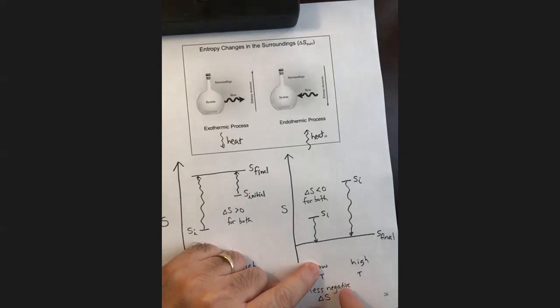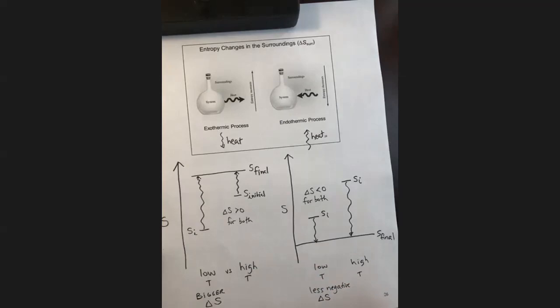So low temperature, bigger delta S. Low temperature, same thing, less negative. In other words, bigger delta S. Like less negative means bigger. So the conclusion then is that delta S of the surroundings is inversely proportional to the temperature.